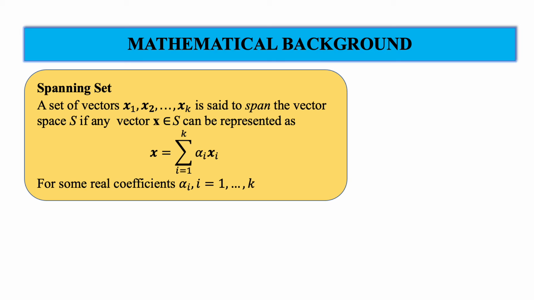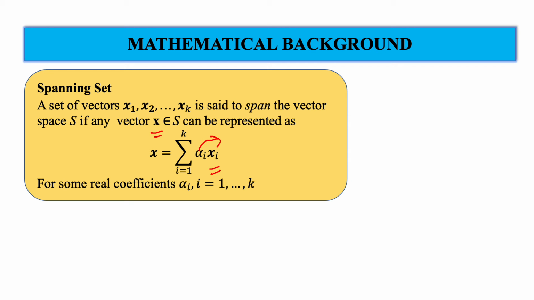A set of vectors x1, x2 till xk is said to span the vector space S if any vector x belonging to S can be represented as a linear combination of all these vectors, where the alphas are some real coefficients. Such a set is called a spanning set of a vector space.